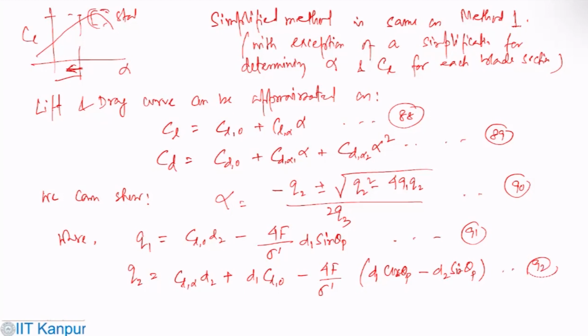And you have Q3, which is CL alpha D1 minus 4F by sigma prime D2 cos theta P. D1 equals cos theta P minus lambda r sine theta P, and D2 equals sine theta P plus lambda r cos theta P.